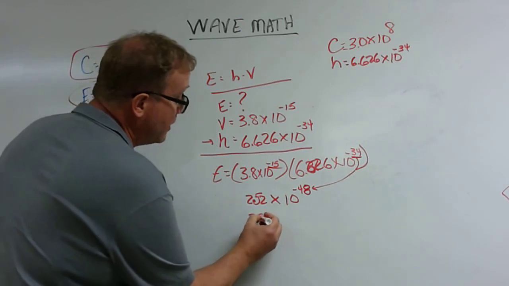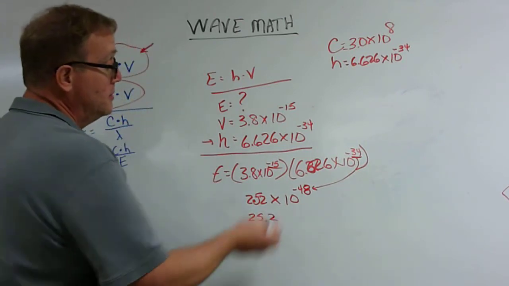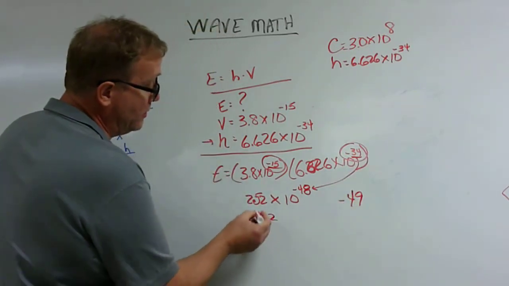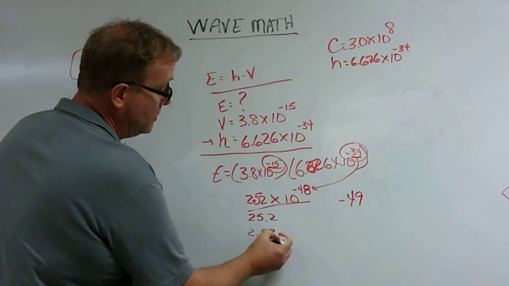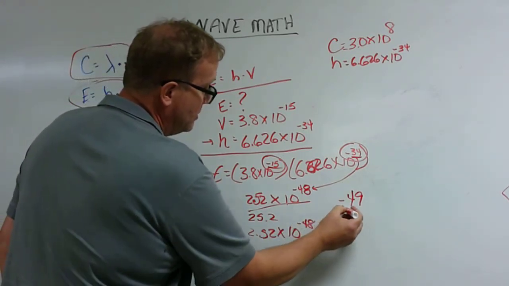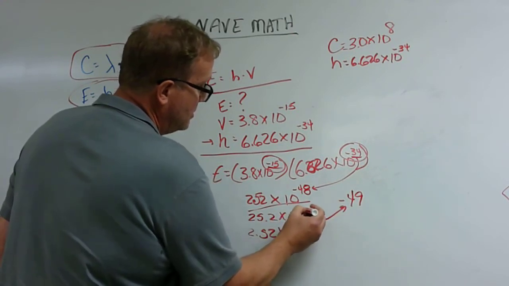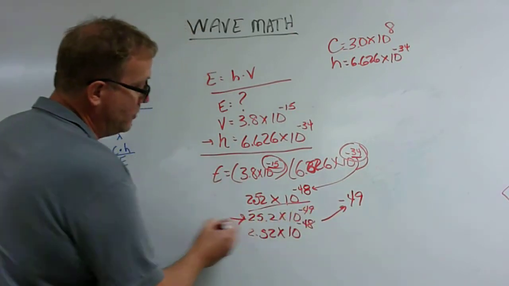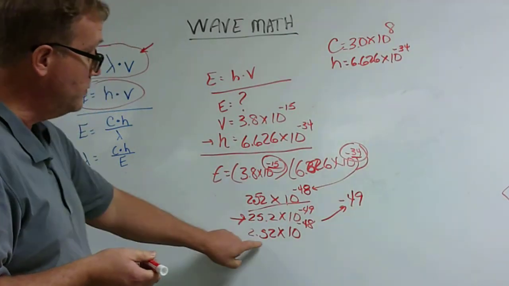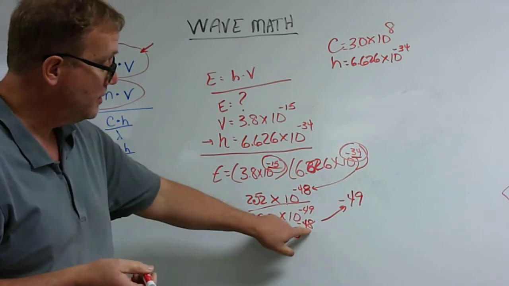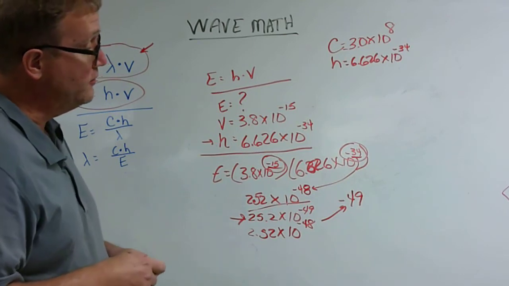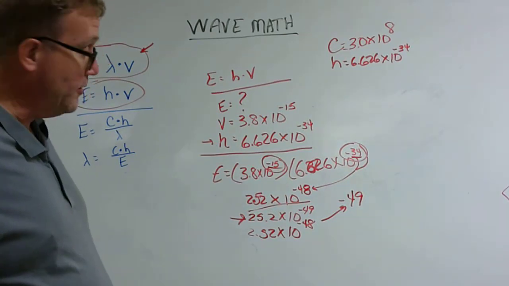It'll come out as 25.2. That's a negative 49, but if I wanted to change it to look like this, this may be what you're thinking. Again, it's going to match a whole lot with your test, but if I move this one time to the left, it means that number is going to decrease by 1. So again, there's two ways to kind of deal with that.